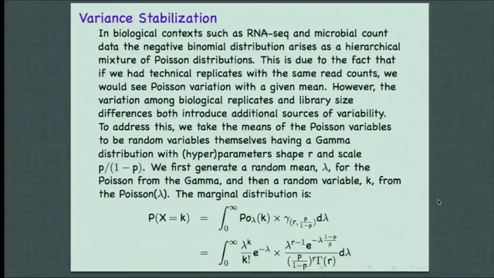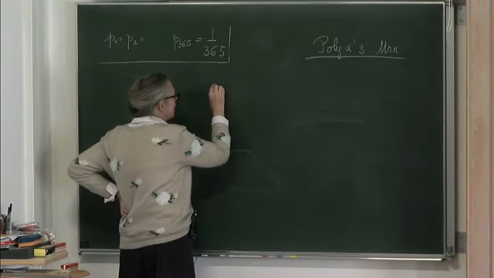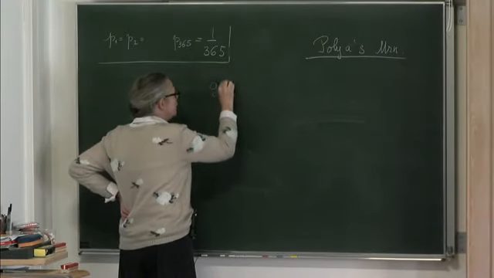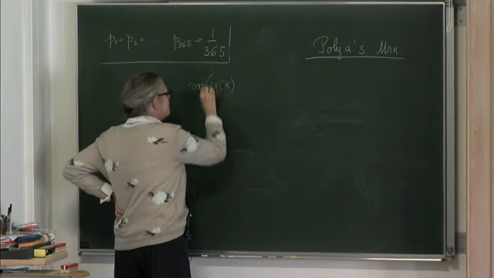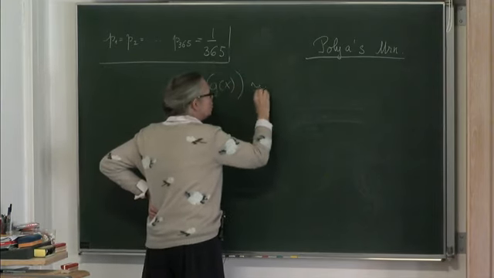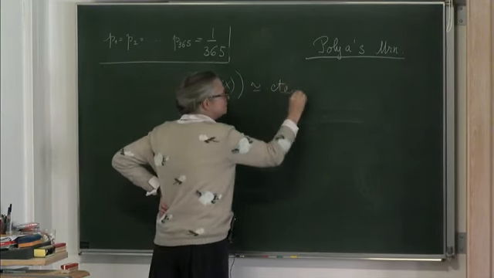You try to find a transformation g of your random variable such that the variance of g of x is approximately constant.